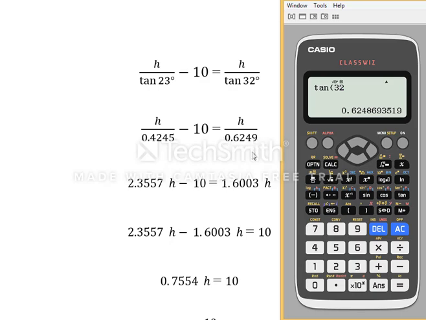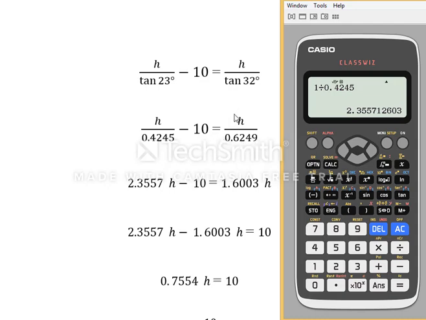In the next step, we divided these values. This is 1 over 0.4245. 1 divided by 0.4245 will give me the answer. After converting into decimal form, it is 2.3557, and this is multiplied by h.